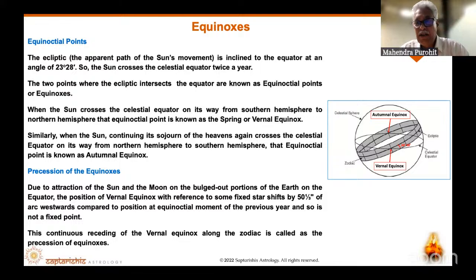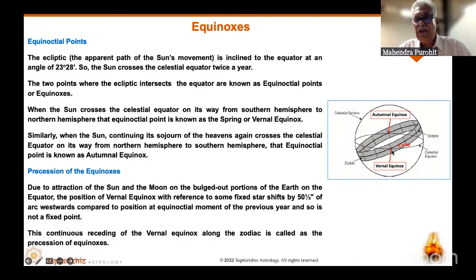The point where the sun moves from the southern hemisphere to the northern hemisphere is called vernal equinox, and the point from where the sun goes from the northern hemisphere to the southern hemisphere is called autumnal equinox. These 2 points are important in astrology also.